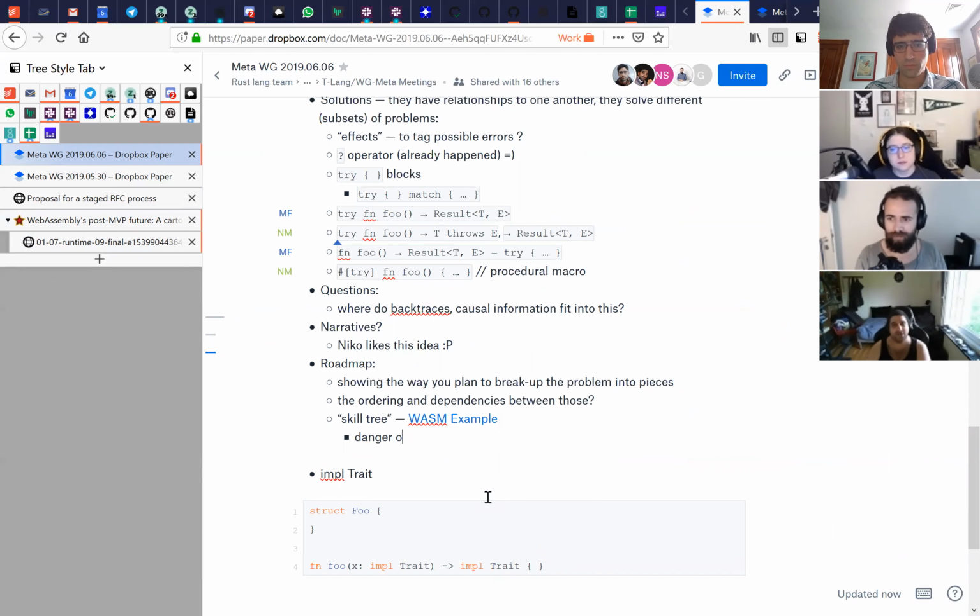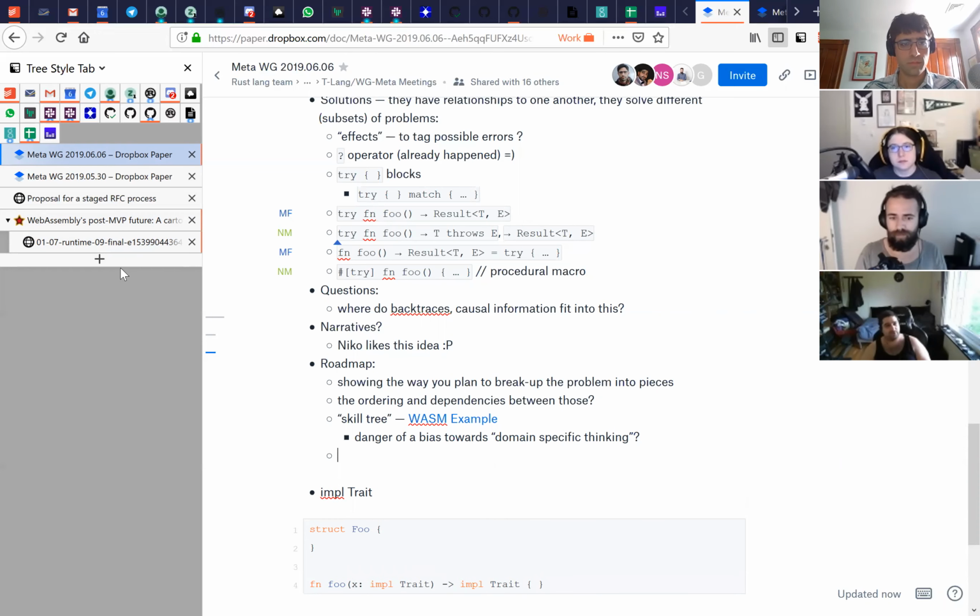So if you think in terms of skills and what domain-specific problems we want to solve, then I think that biases towards domain-specific solutions, whereas Rust is supposed to be a general-purpose language, and you have to keep that in mind.